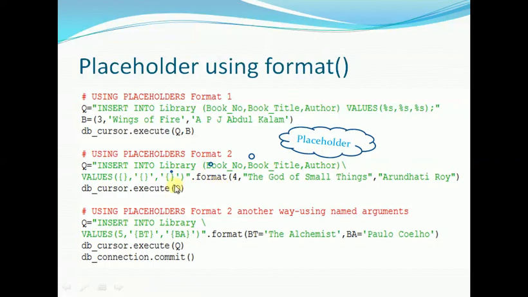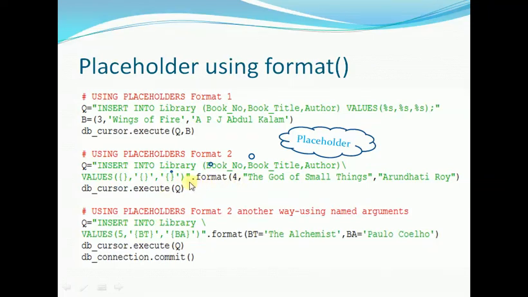Now here you can see another placeholder, that is curly braces. Curly brackets we are using here as the placeholder. Look at this. Here curly braces 1, 2, 3. 3 curly braces, but the first one is without quotes and the second and third ones are with quotes. I will explain why it is so.